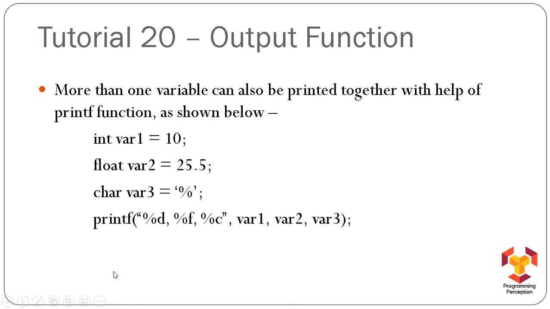So we can print them within a single printf, and like this you have to specify the format specifier of individual variables, and the variable names should be separated by commas in the same order in which you have written the format specifiers. Note that these format specifiers should be part of these double quotes, and the format specifiers and all the variables should also be separated by a comma.